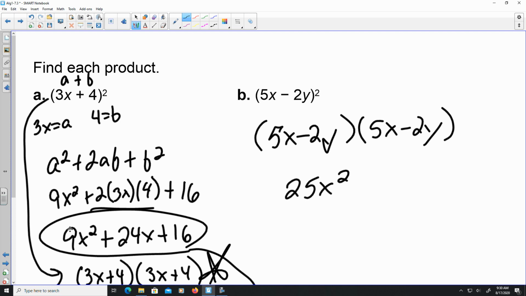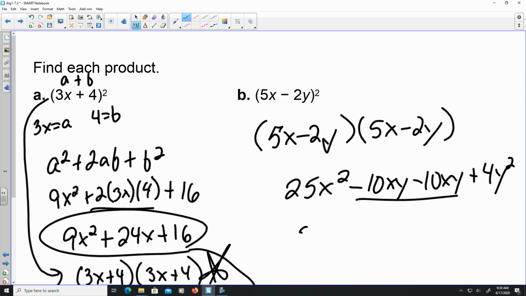Outside terms is going to give me a negative 10xy. Inside terms is going to give me a negative 10xy. And then finally it's going to be plus 4y squared. Combining the like terms in the middle, 25x squared minus 20xy plus 4y squared.